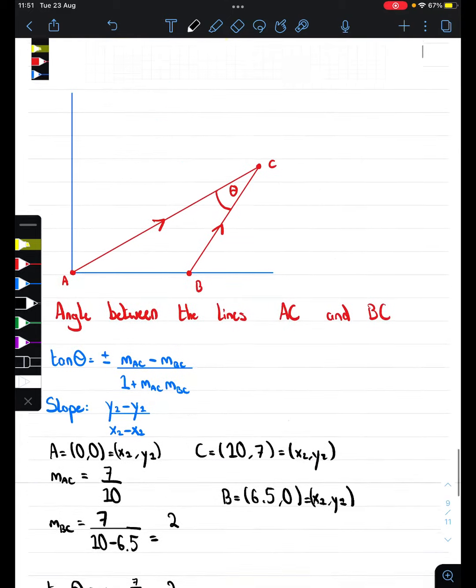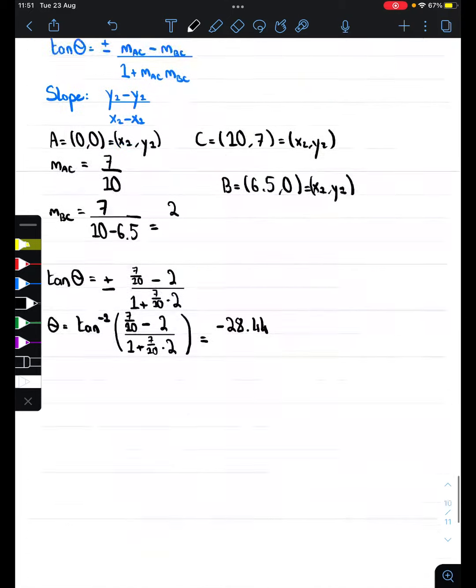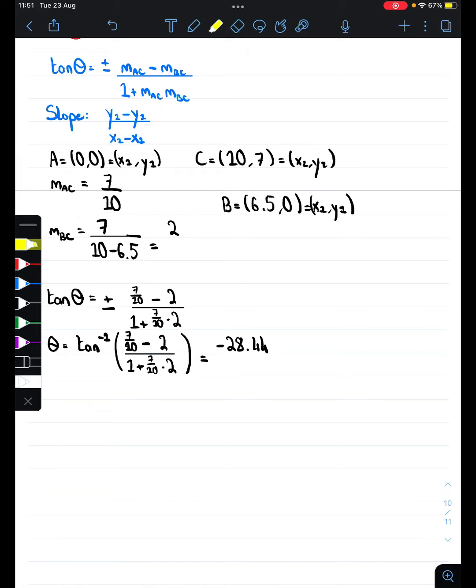And so we're clearly not looking for a minus angle here, so it is the minus of this. So 28.44 degrees is our angle, the angle BCA.